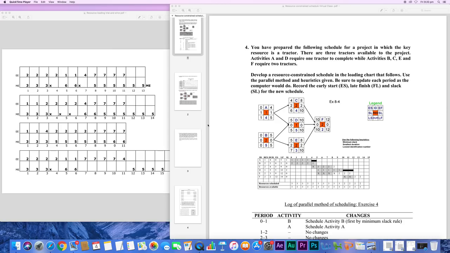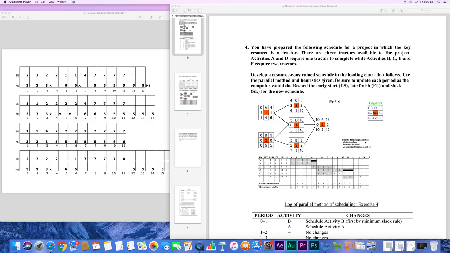Also, the parallel heuristic I've just explained is not the only heuristic used. Heuristics can have many rules, and they will be given to you in your task, like it is here on the right hand side.